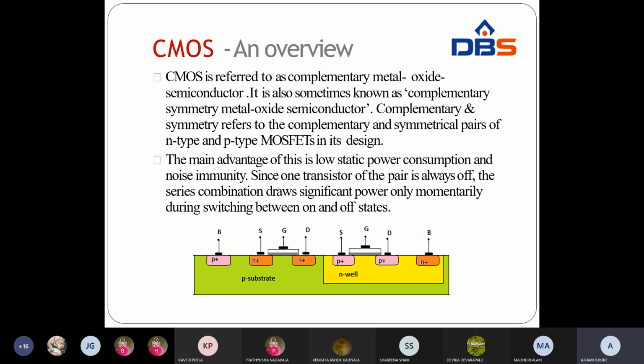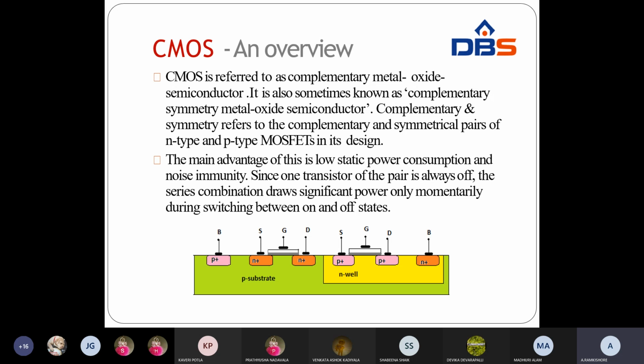So due to that, we have to know some basic knowledge about what a CMOS circuit is and how that CMOS circuit takes place in a digital circuit.